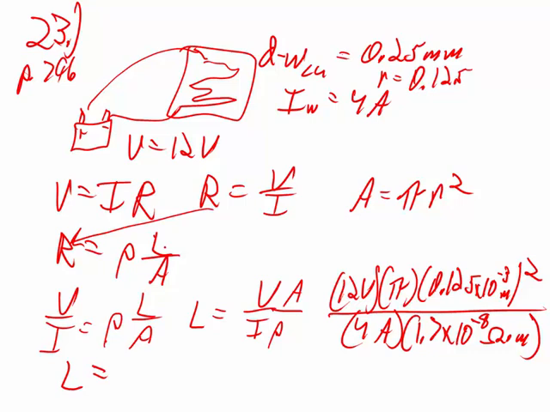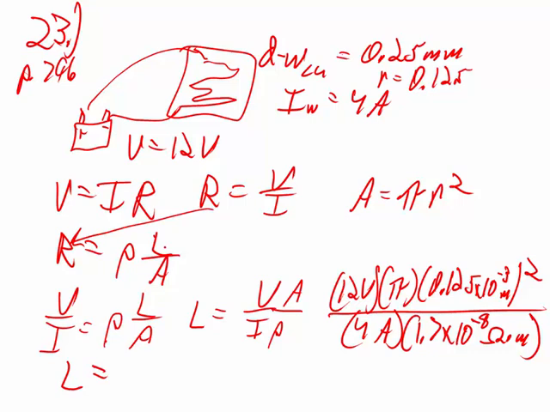I'm going to do the radius first since it's squared. So we have 0.125 times 10 to the negative third, squared, times pi, and you do need to use pi on your calculator, times 12, equals, divided by 4 times 1.7 times 10 to the negative 8, that's your resistivity constant.